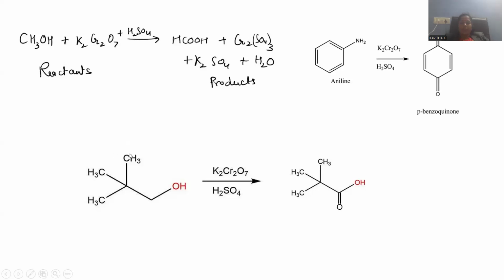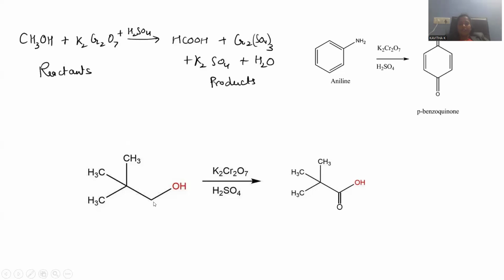Though we have 3 alkyl side chains, they are not directly connected with the hydroxy. The carbon attached to the hydroxy has two hydrogens, and later on it is connected with the tertiary carbon. There is no direct bond between the tertiary carbon and the hydroxy, so it is convenient to go for oxidation with potassium dichromate. This is a primary alcohol, not to be confused with tertiary, because here we have CH2.